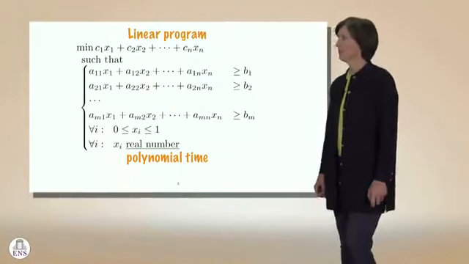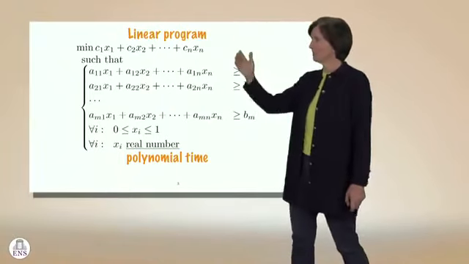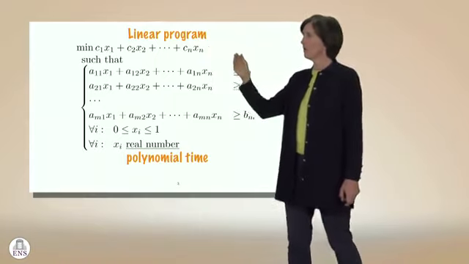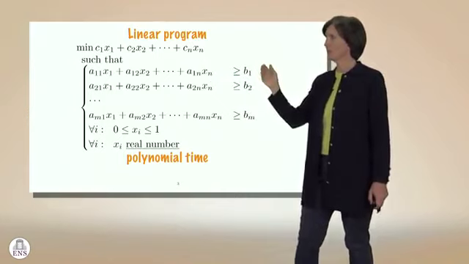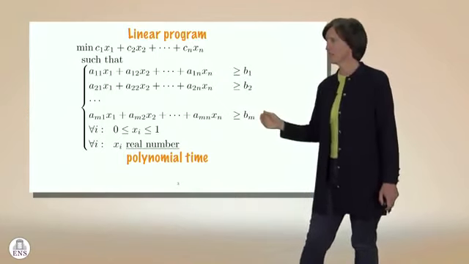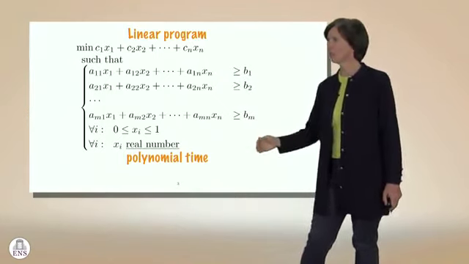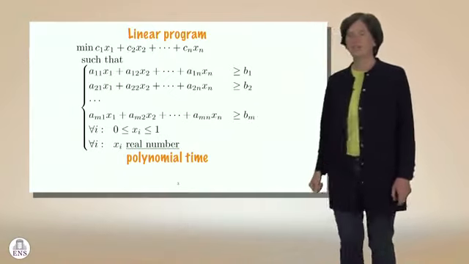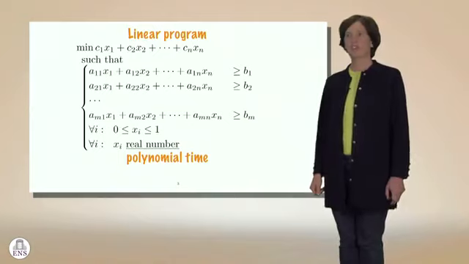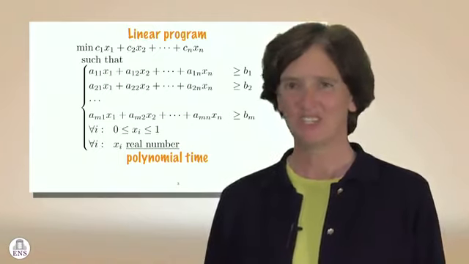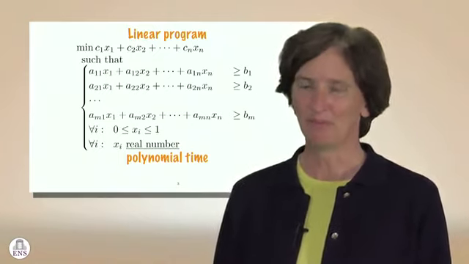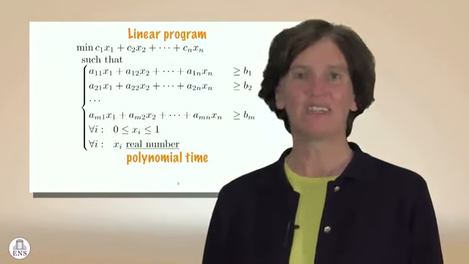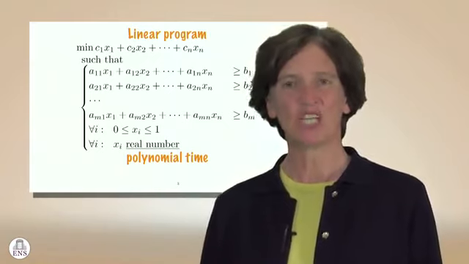This linear program is the same as the integer program, minimize the same objective with the same first constraint with b1, same second constraint, same last constraint, except for the last line. xi no longer has to be an integer. Xi now is just any real number.